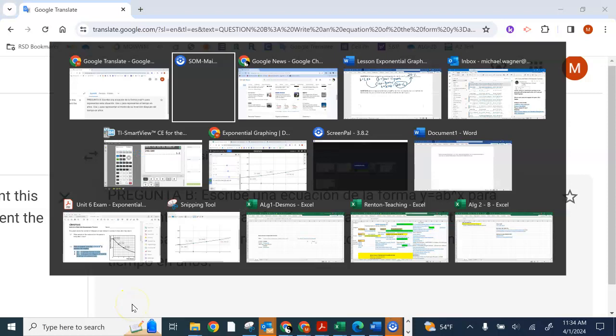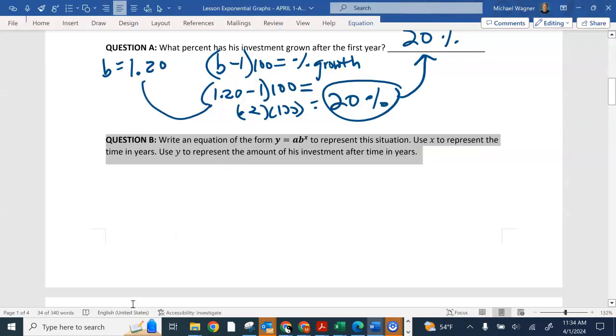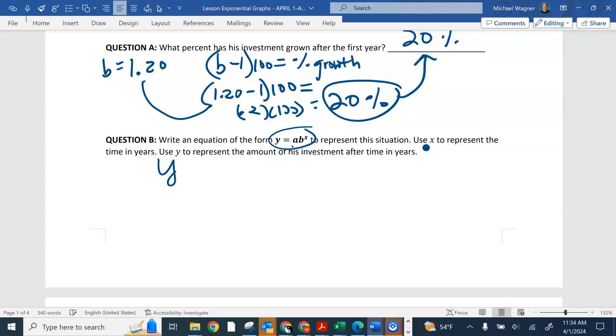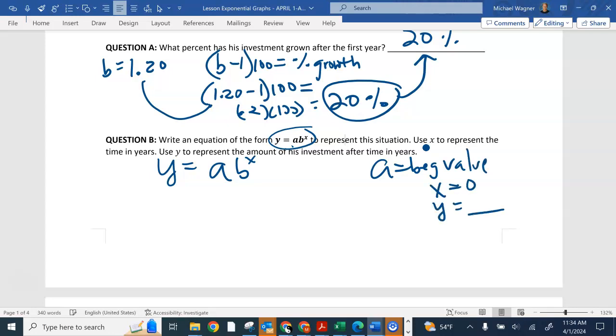Okay, so if you remember, when we have this exponential function right here, y equals a times b to the power of x. A is the beginning value, right? The beginning value at the beginning when x is equal to 0, it's the y is equal to that, right?